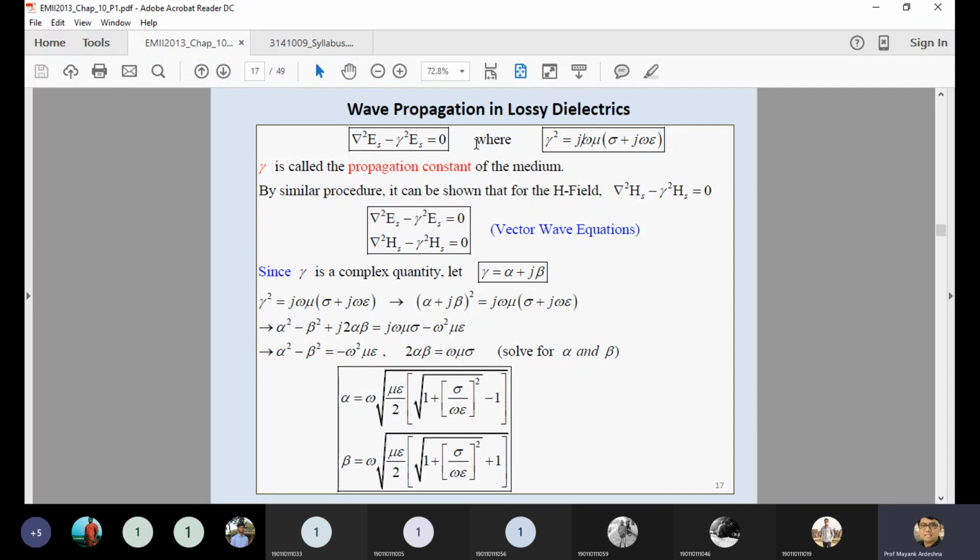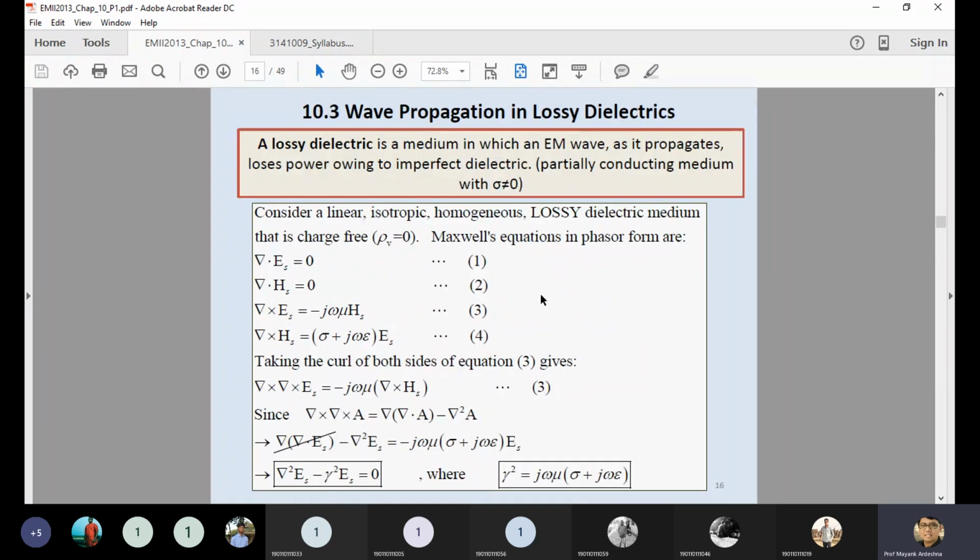Now the same thing we derive for the magnetic field. This equation is only for the electric field, and the same can be derived for the magnetic field. For that, you have to repeat the same process, but you have to take the curl of the fourth equation.